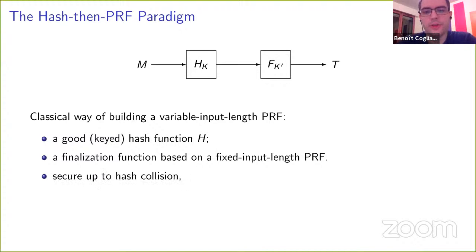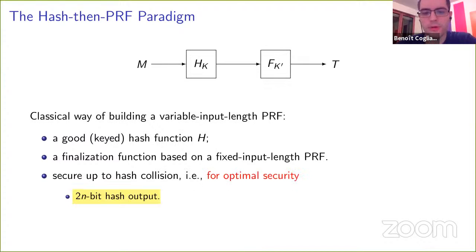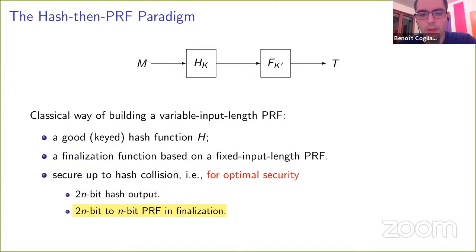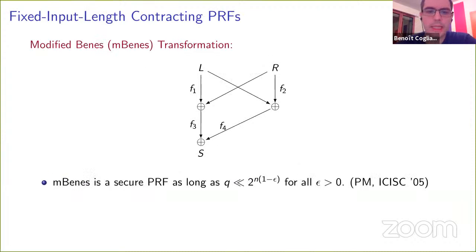And such a composition will be secure as long as there is no hash collision, which means that if you want n-bit security, we need a 2n-bit hash output. And then we need a 2n-bit to n-bit PRF in the finalization step. So let's first have a look at what candidate we can use for the finalization step.